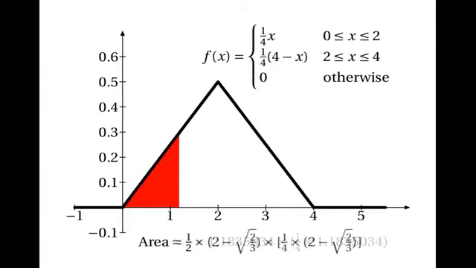Better and more accurately, we can say that the area is a half times 2 minus the square root of 2 thirds, which is the base, times a quarter times 2 minus the square root of 2 thirds, which is the height. In other words, the area is an eighth of the square of 2 take away the square root of 2 thirds, which is 0.175 to 3 significant figures.